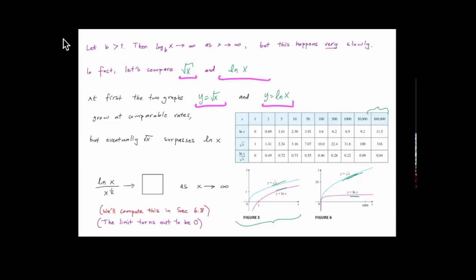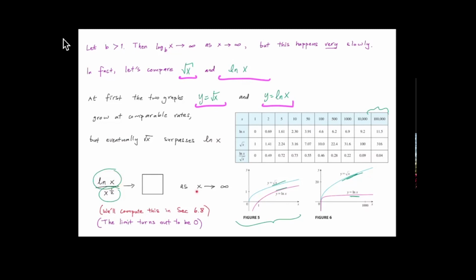So looking at this, it is possible to compare the growth of the two functions by looking at their ratio. So I take the ratio of natural log of x over the square root of x. And looking at this graph, it looks like this limit should be 0, because eventually the natural log is much slower than the square root.